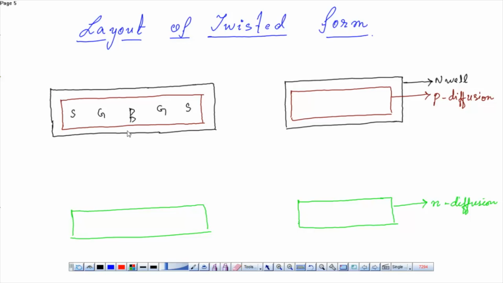So this is one PMOS. So the sources are connected to VDD. So how is it connected? It is connected by the metal. This was metal layer. We can directly short it.